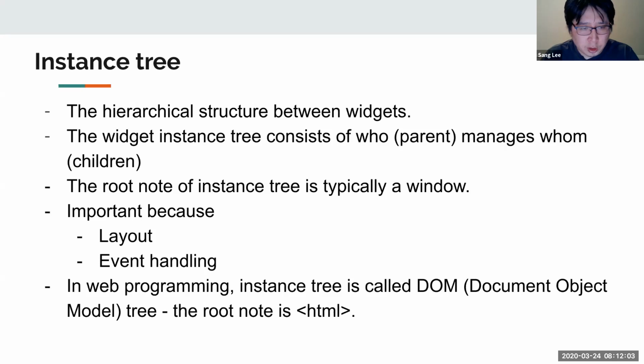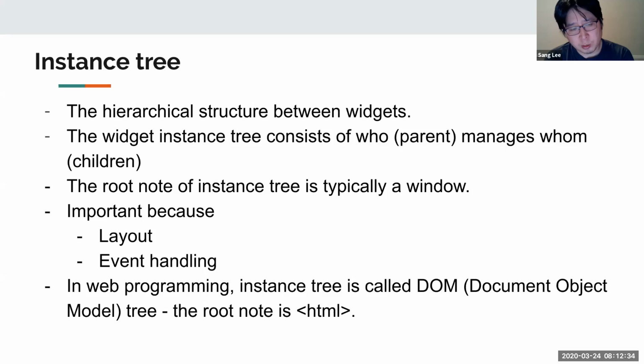In GUI programming, the root node is typically a window. In web programming, you may think the HTML tag is the root node. But in general, for native applications and even web browsers, the window, the rectangular region of the application, is going to be the top level node.